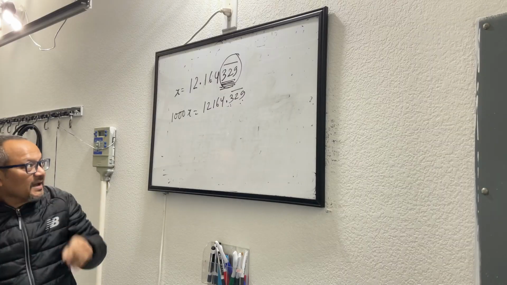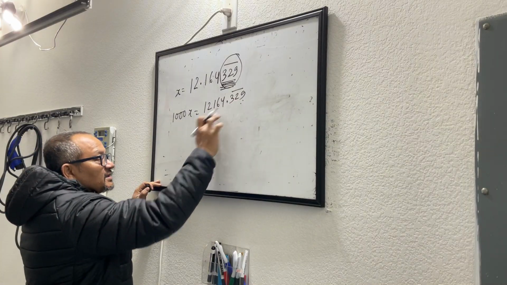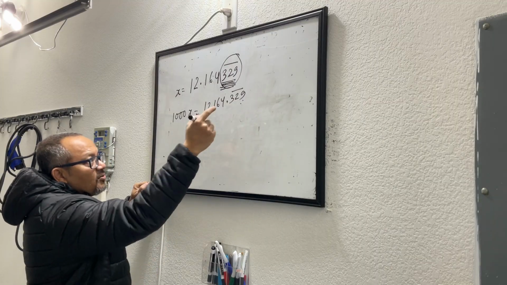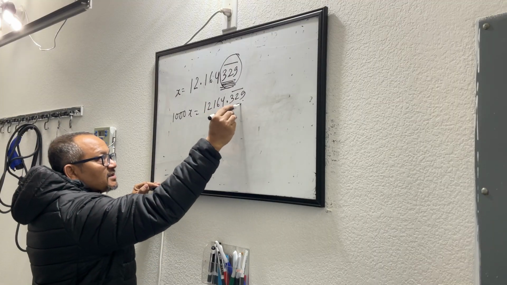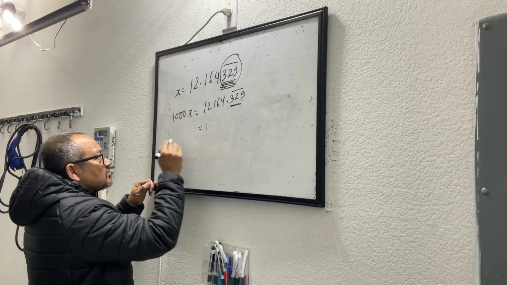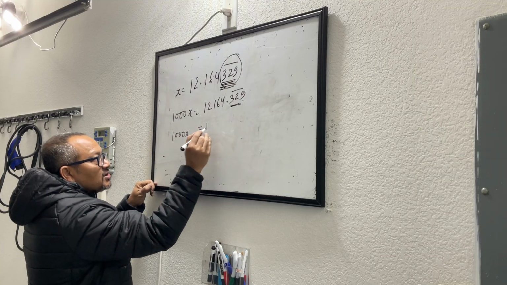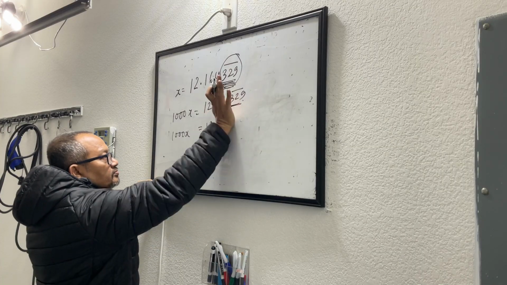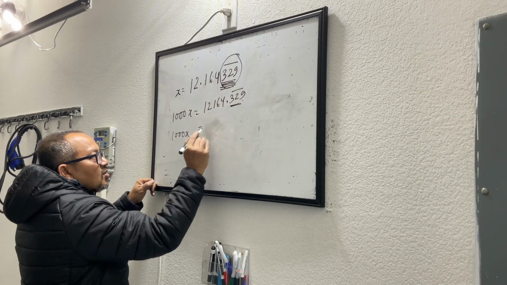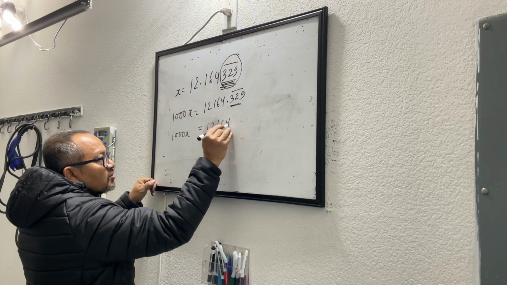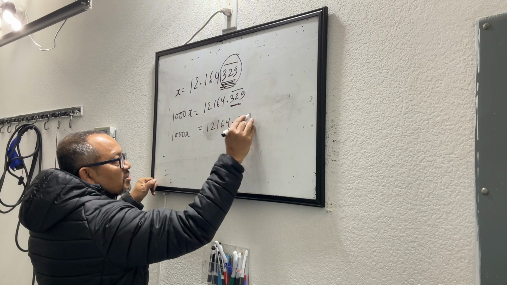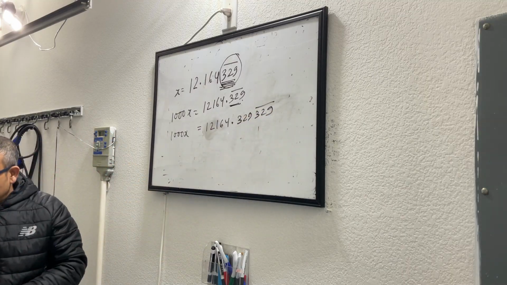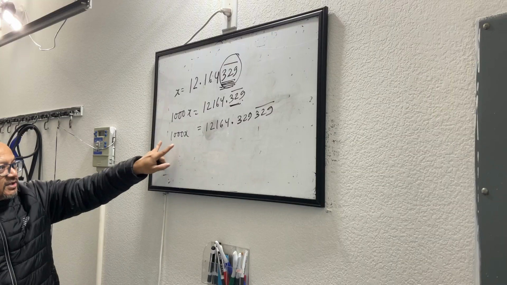So now 1000x is equal to 12164.329 repeating, and that is what the repeating scenario is.